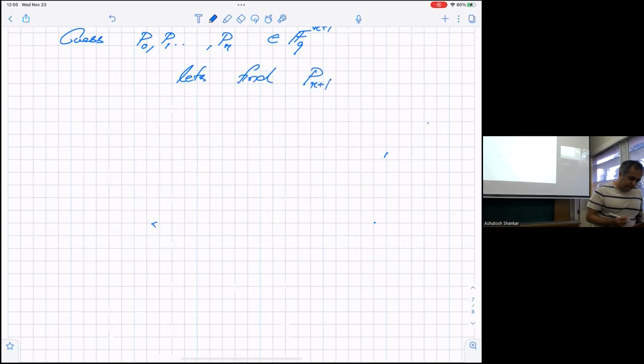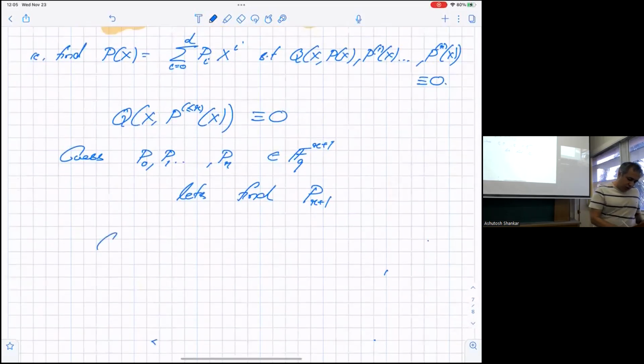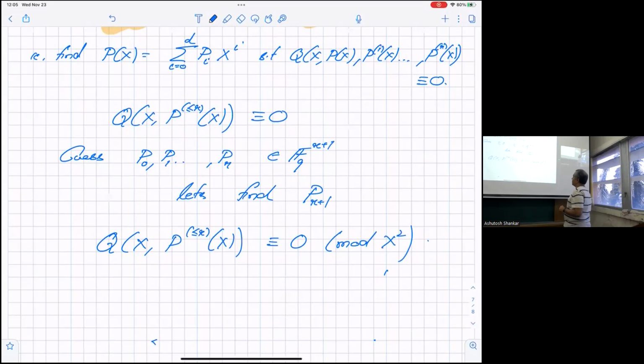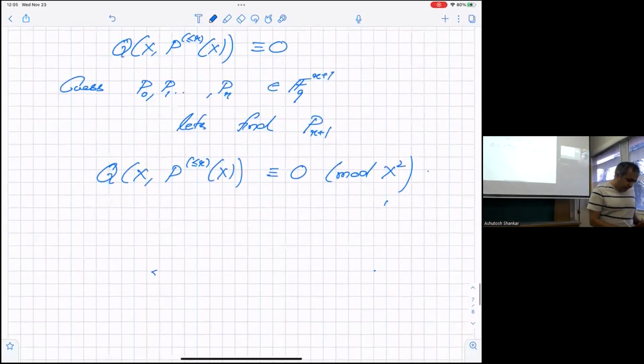So now let's write the equation Q of x comma p, p less than or equal to r of x. Let's write this mod x squared. What are we going to get? In the p of x term, we only get p naught plus c1 x. Here it will be p1 plus 2 p2 x or something.